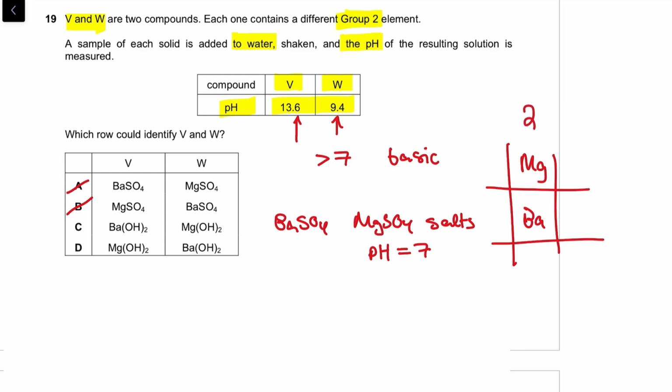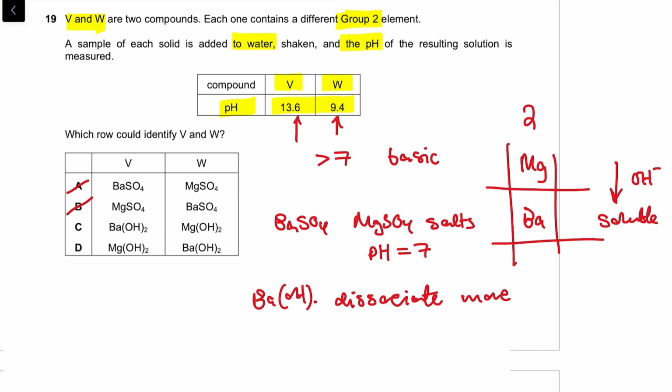As you go down the group, hydroxides become more soluble. So therefore, barium hydroxide is going to be a lot more soluble than magnesium hydroxide. And therefore, it will dissociate more hydroxide ions, which will result in a higher pH solution because it will be more basic. Therefore, our answer must be C.